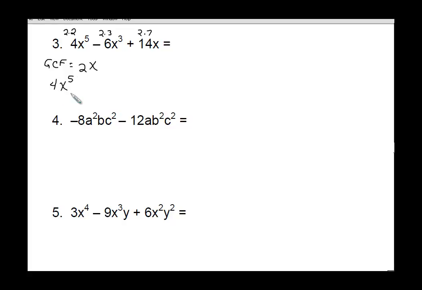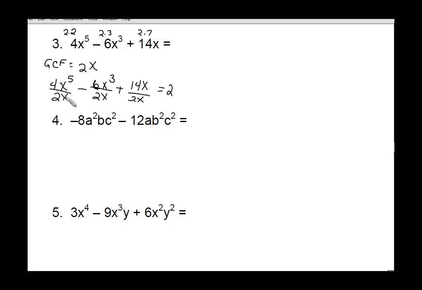So we have 4x to the 5th over 2x minus 6x cubed over 2x, and then plus 14x over 2x. Okay, got our division. Now when we actually perform the operation, 4 divided by 2 is 2.